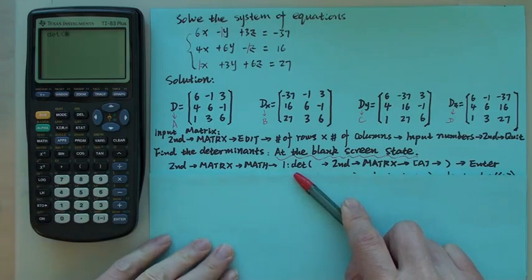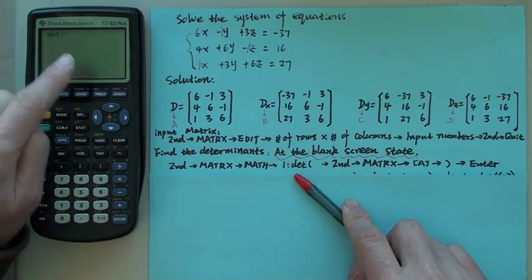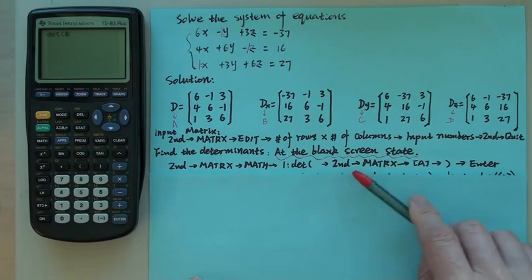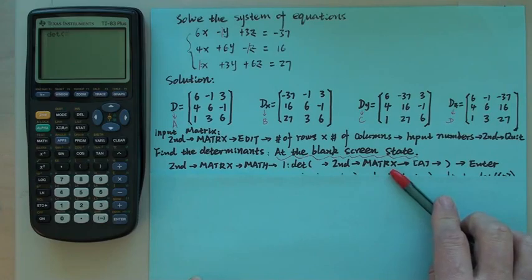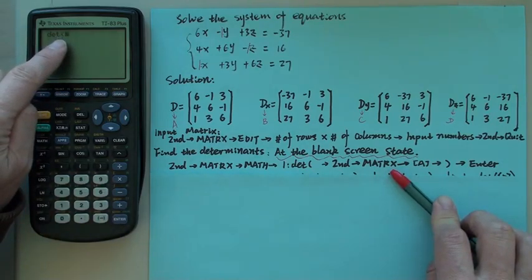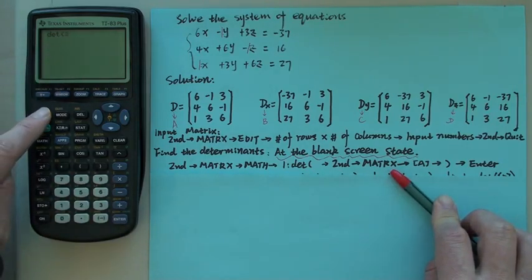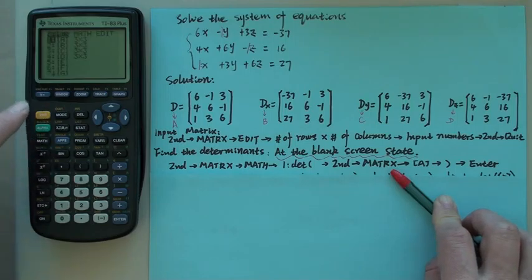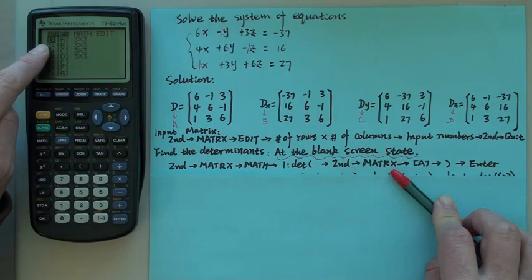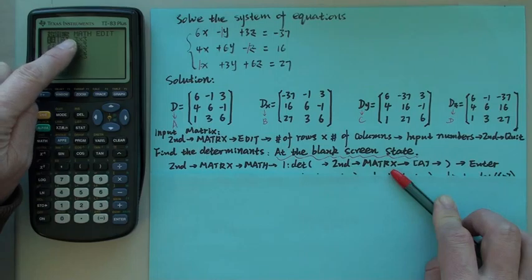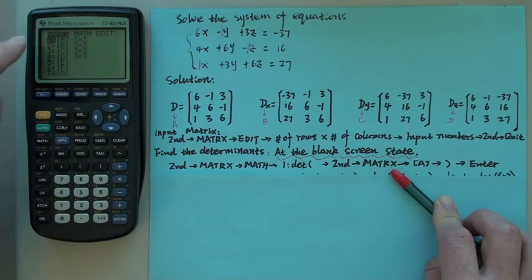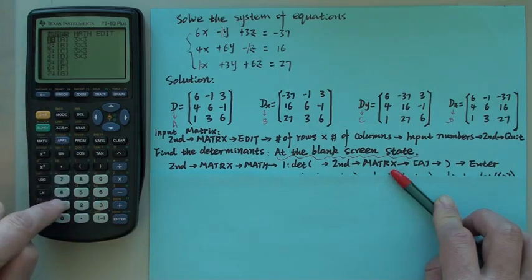It shows up DET left parenthesis on the screen. Now you want to put the matrix right here, so you do second, matrix. It goes back here. For input, we use edit. To get the determinant, we use math. Right now you want to pick a name, so that's number 1.